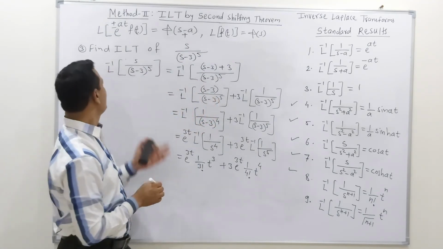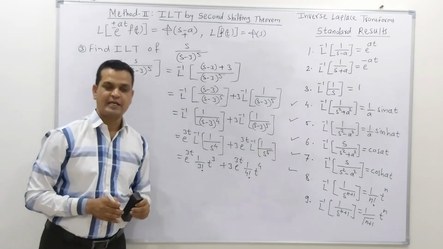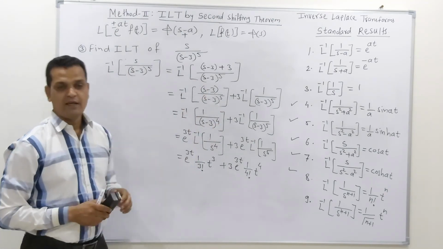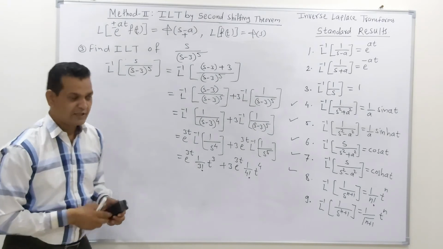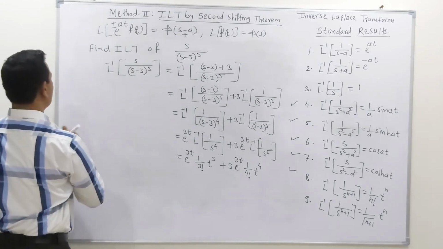So now this is the third example for understanding the second method for finding the inverse Laplace transformation by shifting theorem. Now let's take the fourth example.